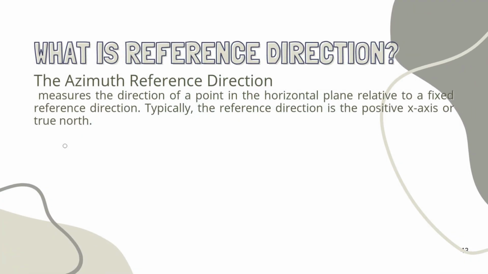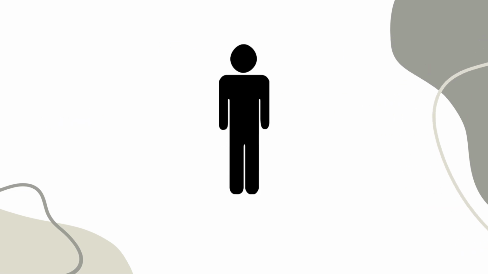The second and the last of the reference directions is the azimuth reference direction. Azimuth reference direction measures the direction of a point in the horizontal plane relative to a fixed reference direction. Typically, the reference direction is the positive x-axis or the true north. Azimuth reference direction is a bit different from zenith reference direction.